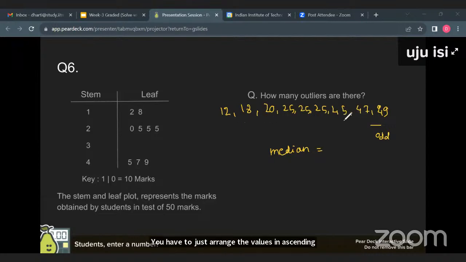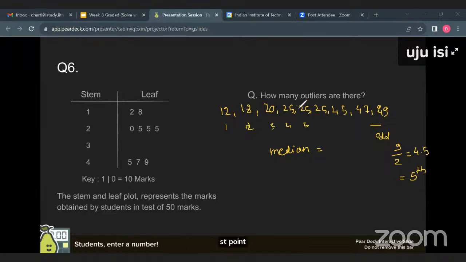Here it is already in ascending order, right? Your number is 9, so divide 9 by 2, you will get 4.5, and the nearest integer value is 5. So your fifth observation is your median here. This is first, second, third, fourth, and fifth. So this 25 is your median, which is also your Q2. Okay, ma'am. Got it.